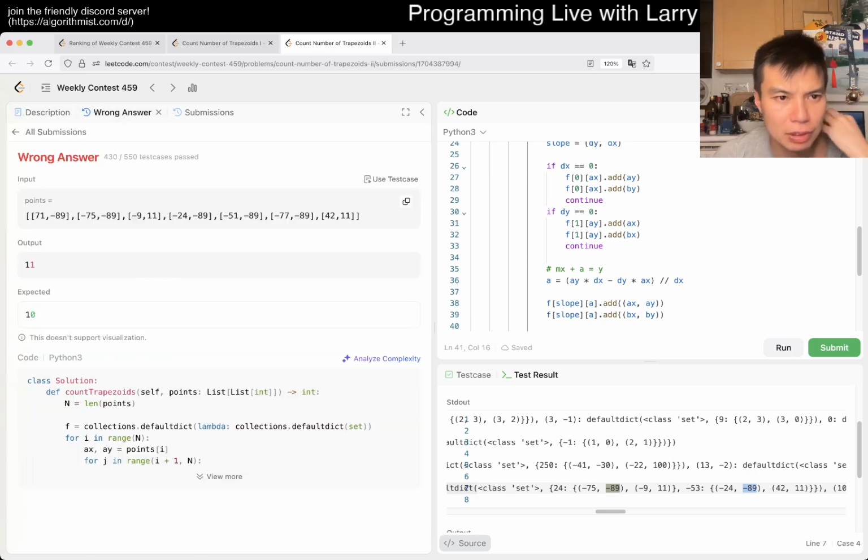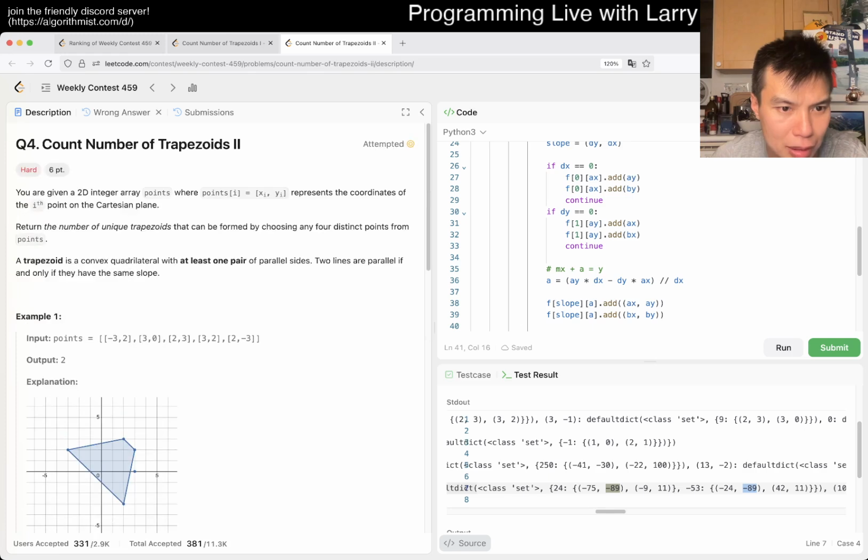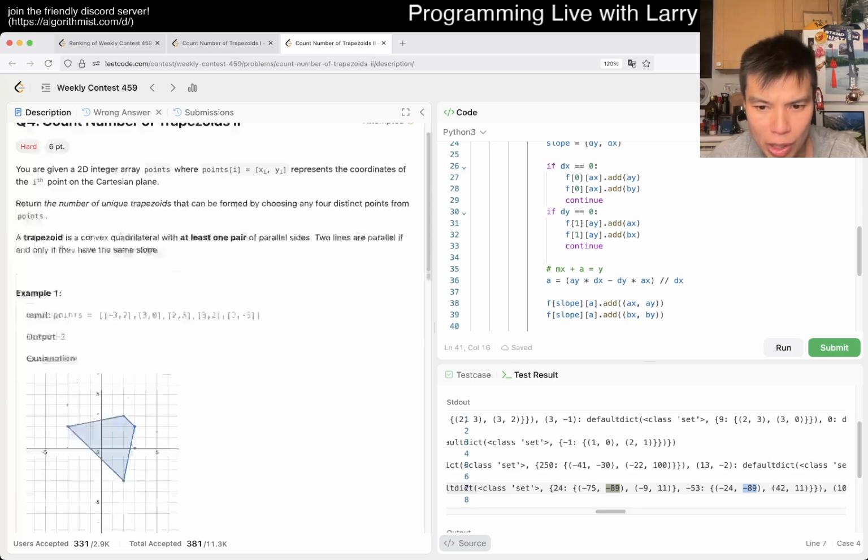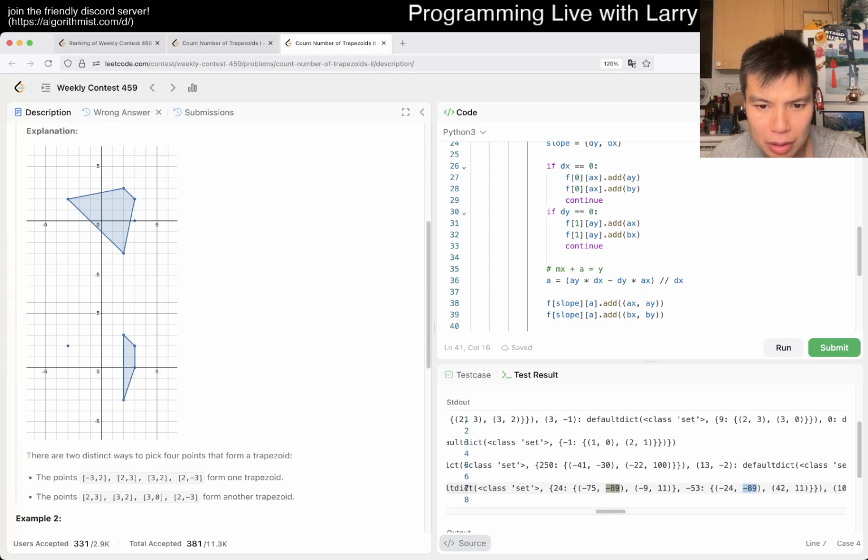Actually, now I'm confused. So, am I misunderstanding the problem? Or are these... No, I was going to say maybe these overlap with the other ones, but that doesn't make sense in the slope sense. Or maybe, what if we have a square? Would a square be double counted? Because you have a parallelogram.